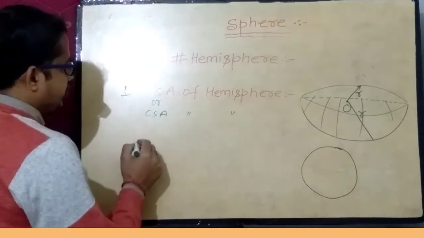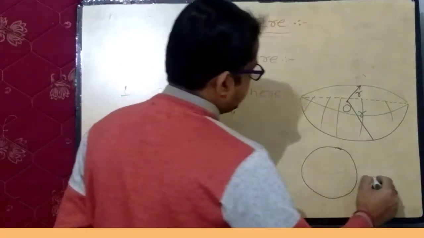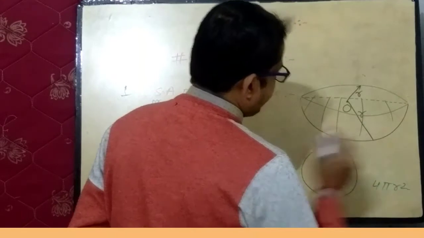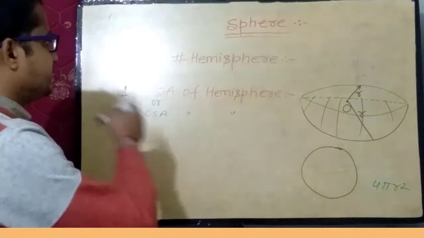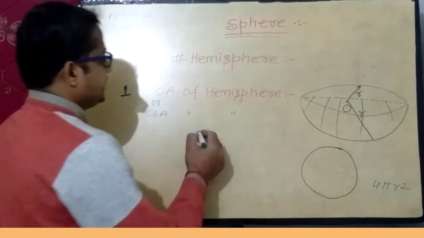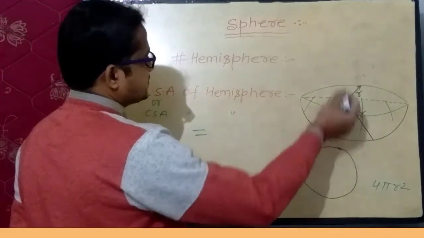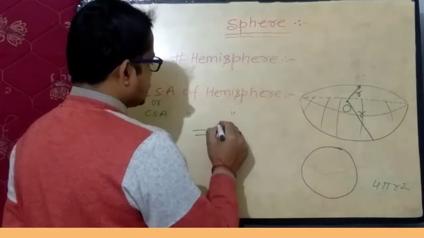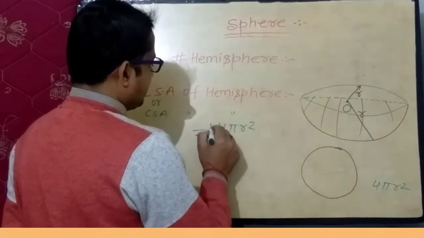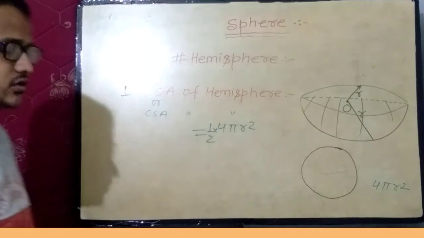Earlier we calculated the curved surface area of a sphere, and that was 4 pi r square. In the case of hemisphere, the lateral surface area or curved surface area is half of the curved surface area of the sphere. So 4 pi r square into 1 by 2.